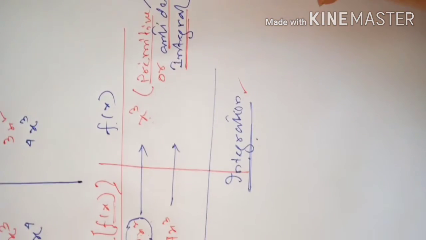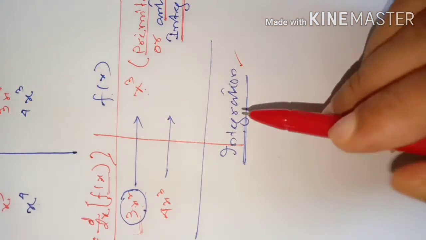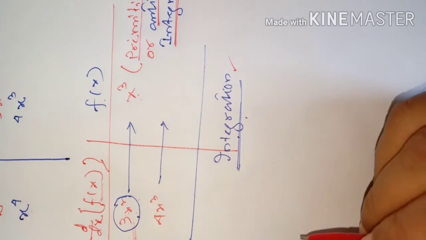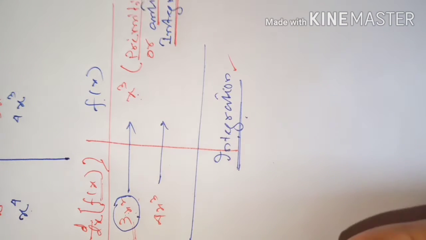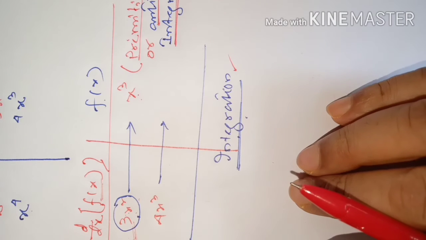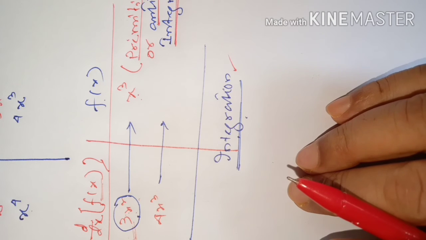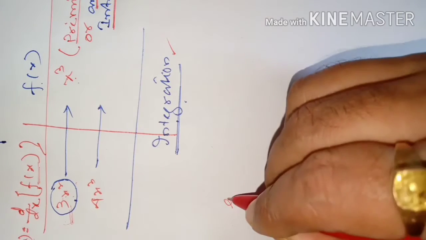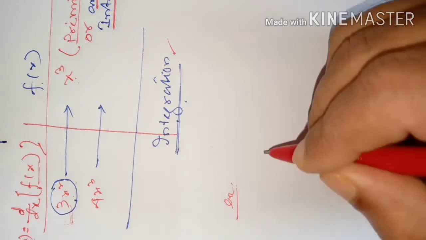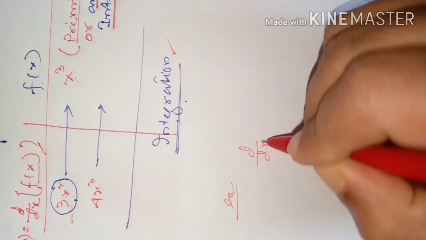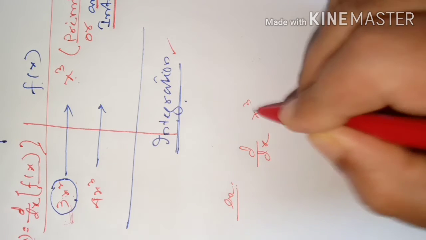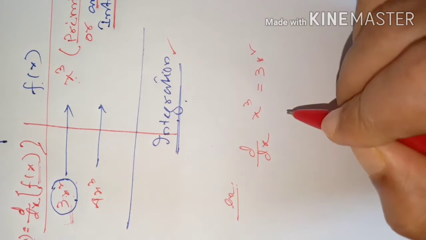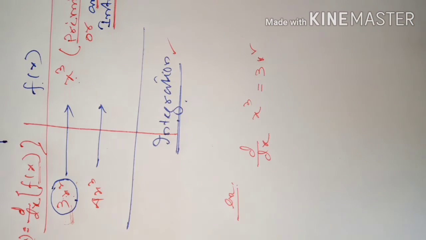Dear students, for integration there is no fixed formula. If you know the derivative, then you will be able to say the integral also. For example, suppose you know that when you take the derivative of x cubed, you get 3x squared.